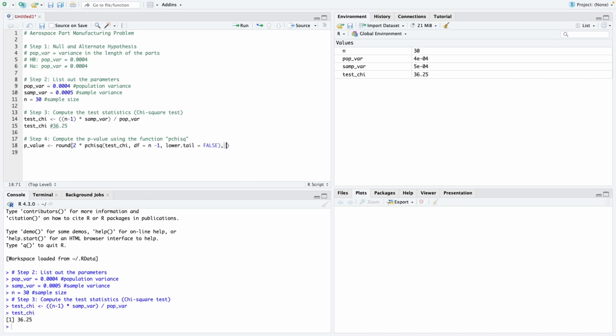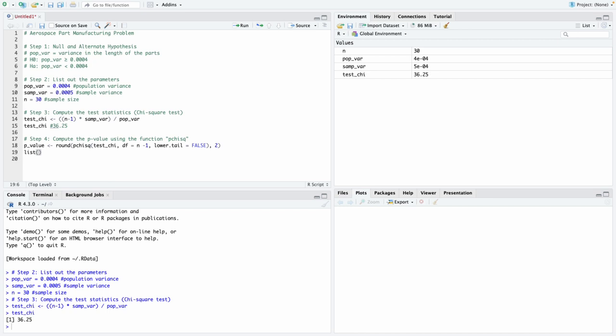I just remembered I need to put the round decimal place there. So if this was two-tailed, you would basically multiply everything by 2. But since this is not two-tailed, we're not multiplying it by 2. So I'll take that out and I'll make this less than, and then this should be greater than or equal to. So please do take note of that.